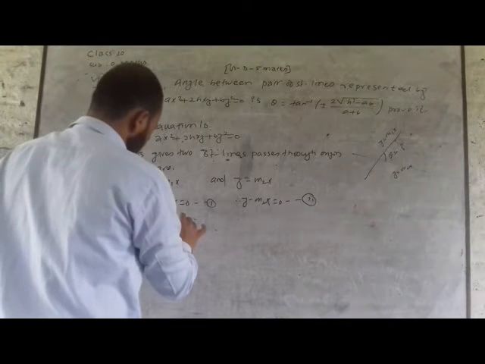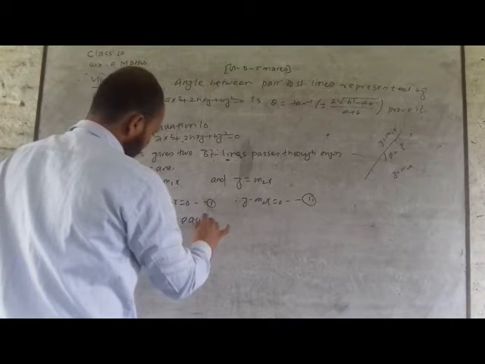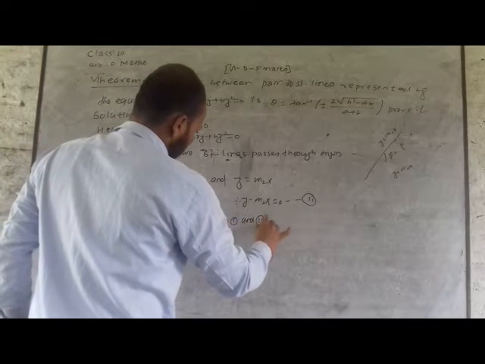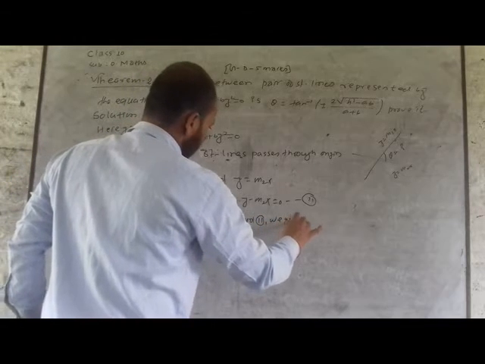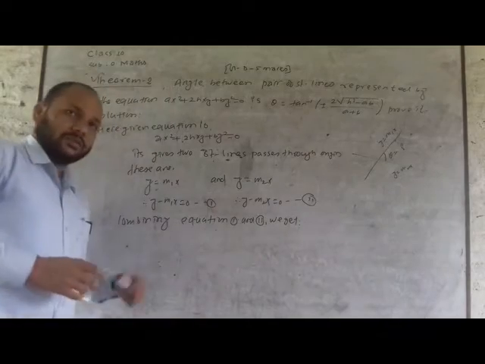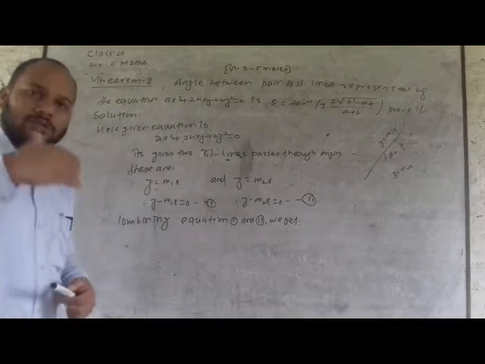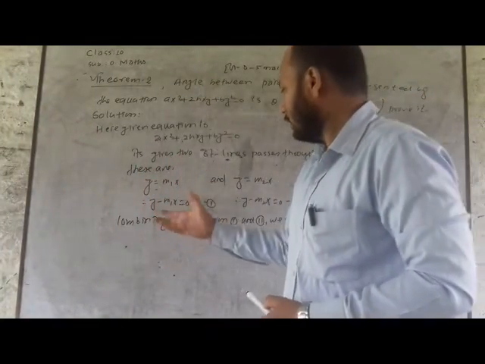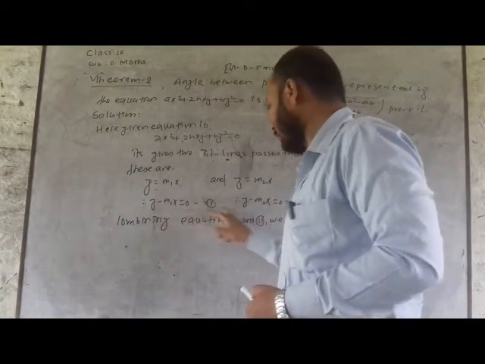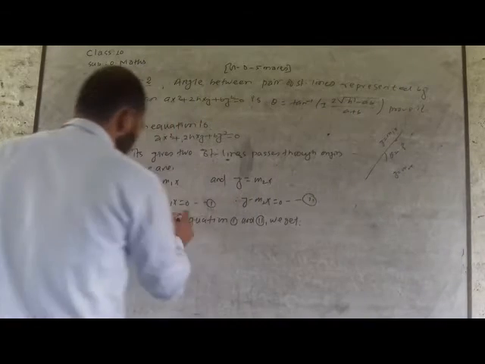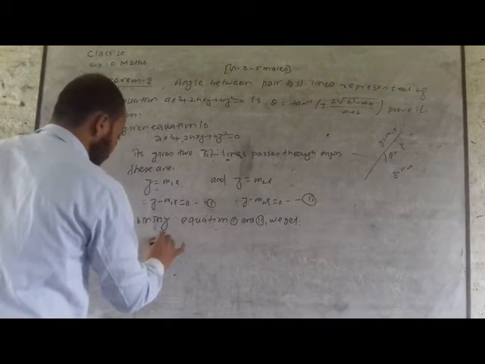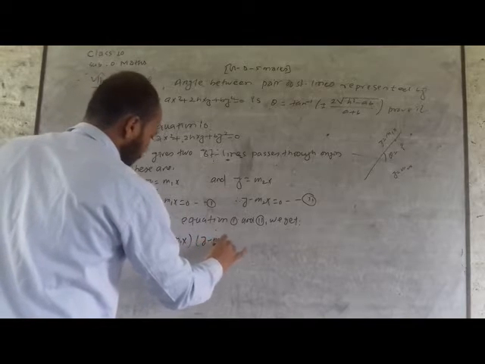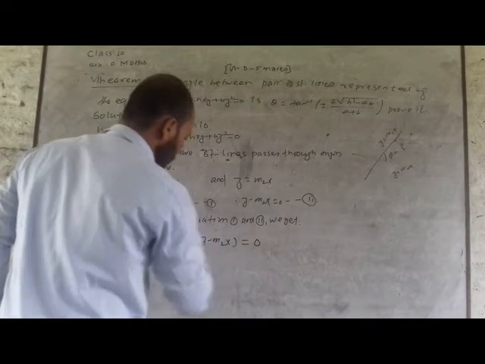Combining equations 1 and 2, we get. Now to combine these two equations, you multiply. First you should write the equation in the general form, and after writing in general form you multiply these two. Then we have here, you multiply LHS with LHS. y minus m1x, y minus m2x is equal to 0 into 0.